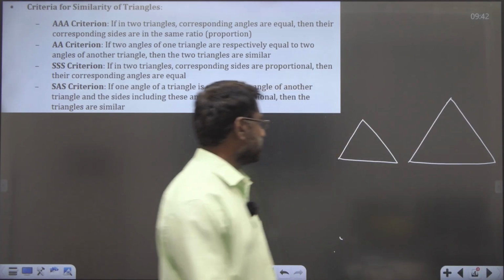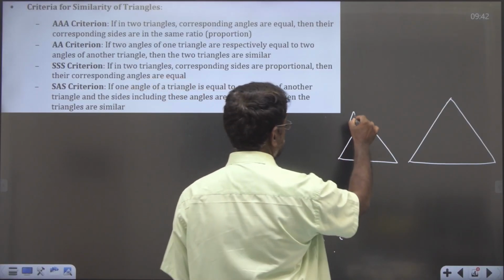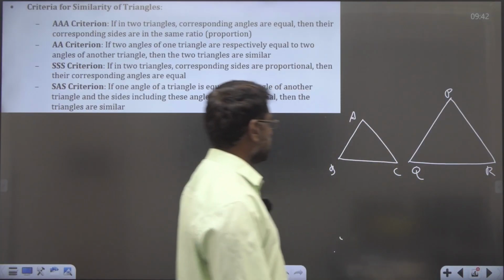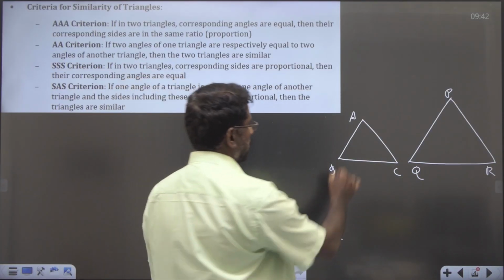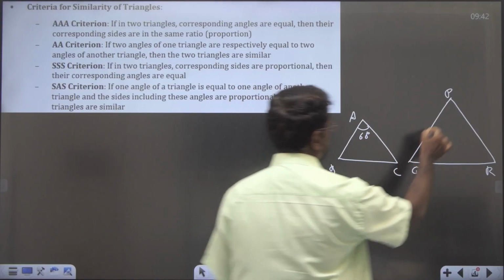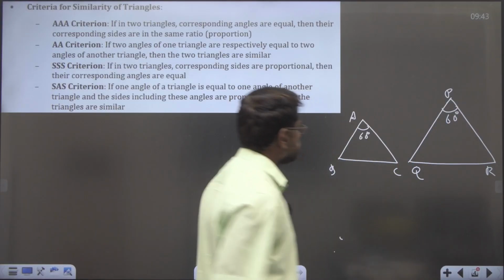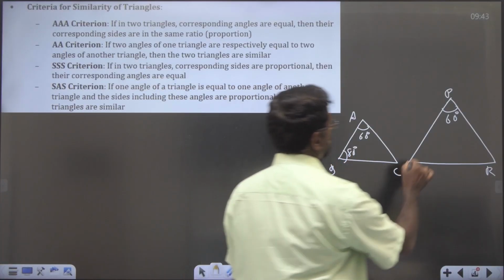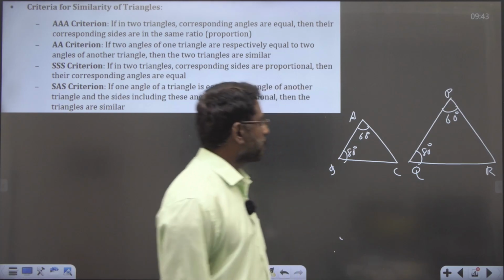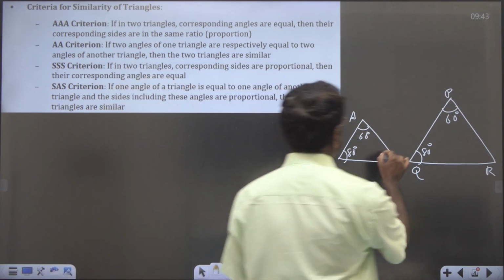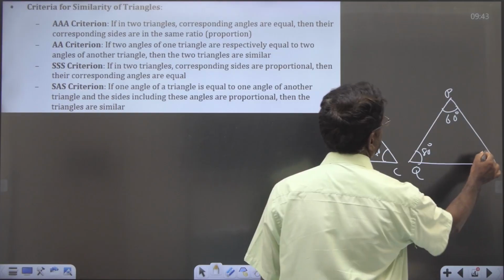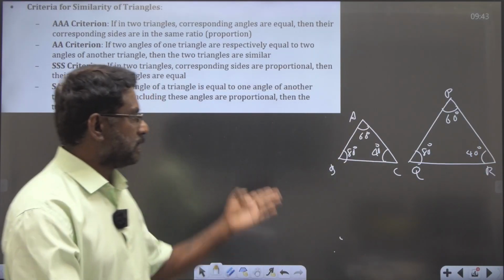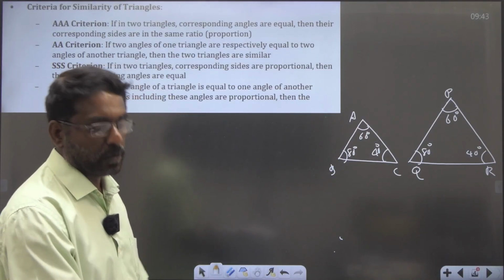This is triangle ABC and this is triangle PQR. It is given that angle A is 60 degrees, angle P is also 60 degrees, angle B is 80 degrees, angle Q is 80 degrees, angle C is 40 degrees, and angle R is 40 degrees. We have to check whether these two triangles are similar or not.